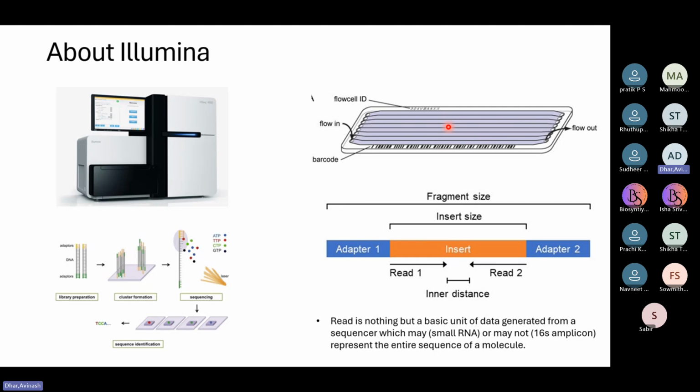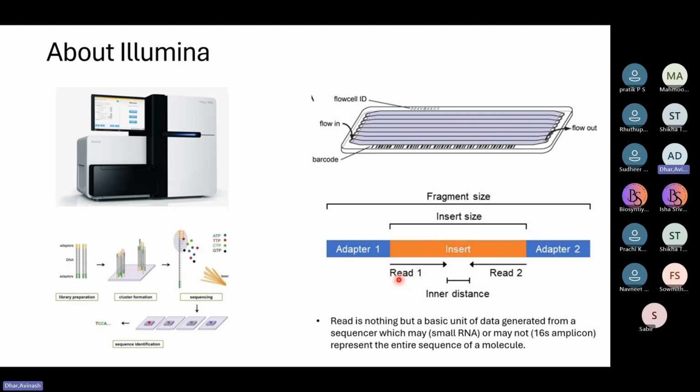So to be safe rather than to be sorry, what the people at Illumina designed was a bi-directional way of sequencing, wherein you sequence the same insert in two directions. One is 5 prime to 3 prime direction, and the second is 3 prime to 5 prime direction. So the reverse of it.